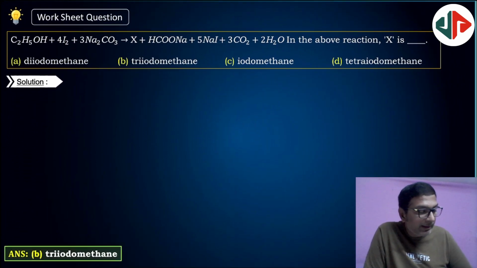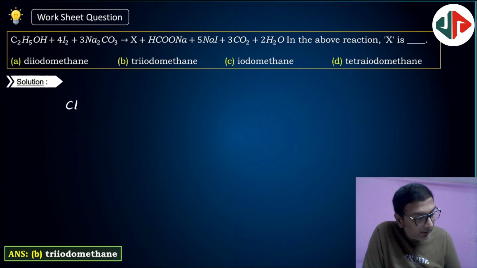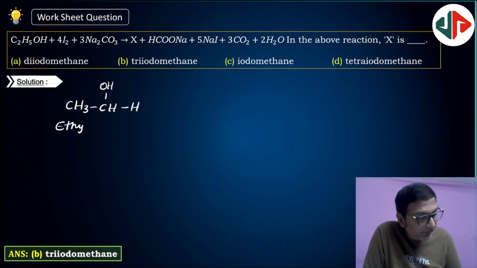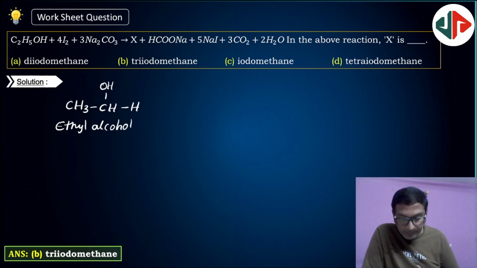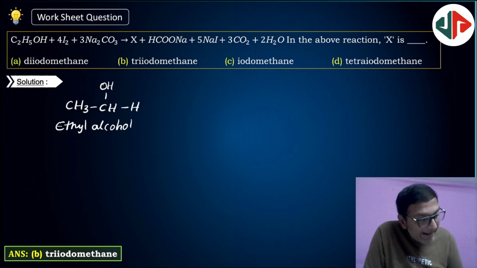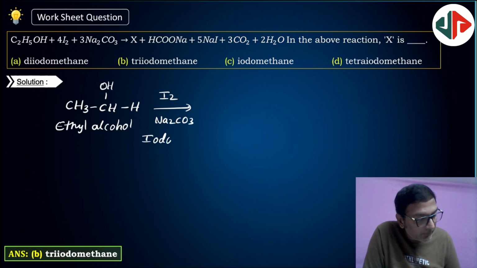So here first ethyl alcohol. Ethyl alcohol can be written like this: CH3CH2OH, ethyl alcohol. So very important. With I2, Na2CO3. So which is iodoform reaction.